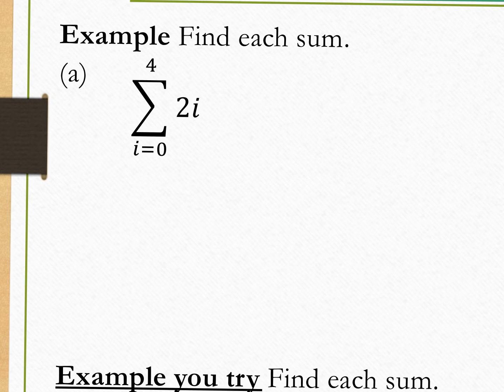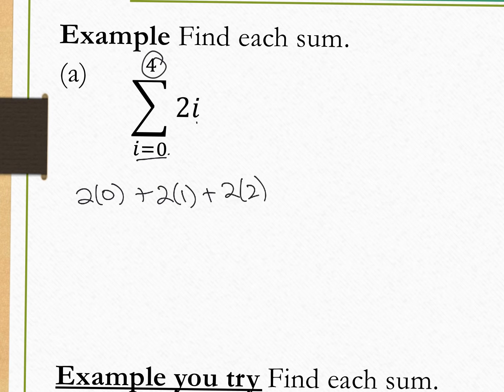So now we'll find A. Notice we're going to start with 0 and we'll substitute the i equals in for the i. So 2 times 0 plus, now notice at the top that's where we stop. So we want to go until we get to the fourth term. So 2 times 1 plus 2 times 2 plus 2 times 3 plus 2 times 4.